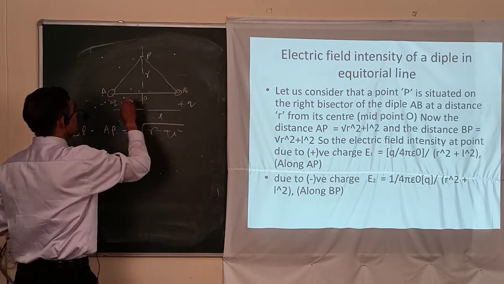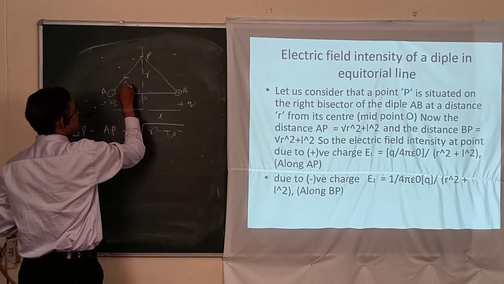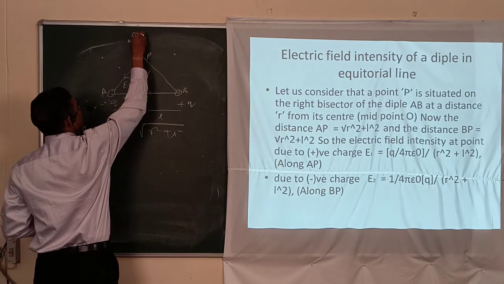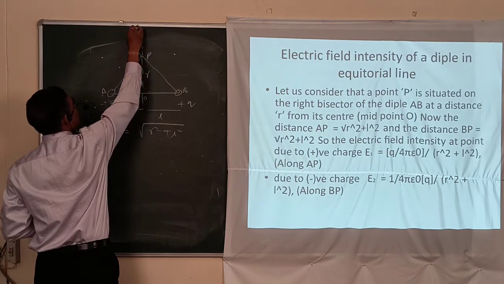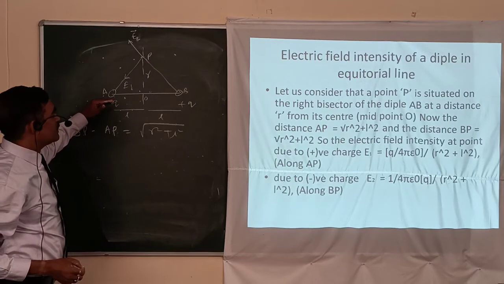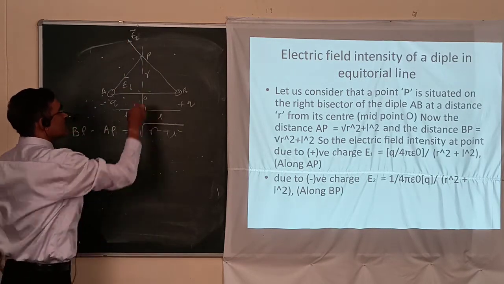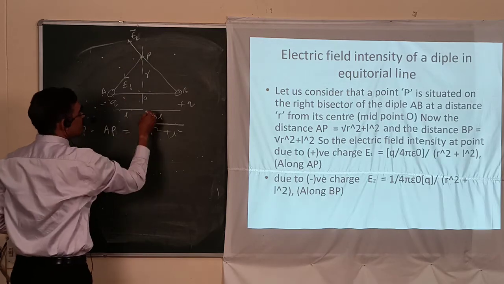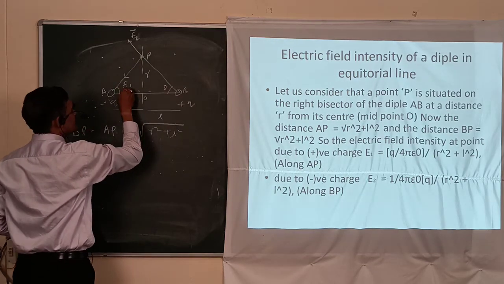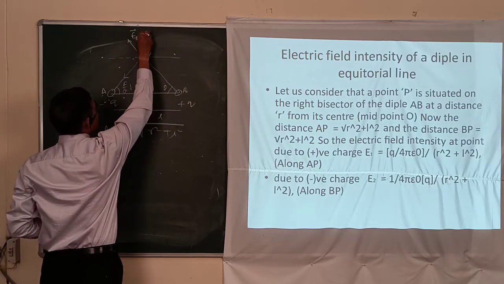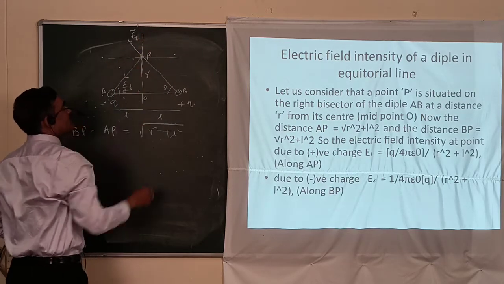Here you can see that the electric field due to the negative charge is in this direction, that is E1, and the electric field due to the plus charge will be in this direction, because we always take the electric field towards the minus charge, and the electric field due to the positive charge is always away from it. So these are the directions of E1 and E2. If we take this angle as theta, this is again theta. Now we resolve these two electric fields taking this as the origin.